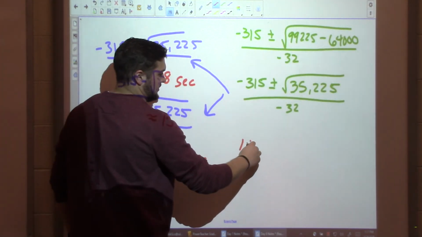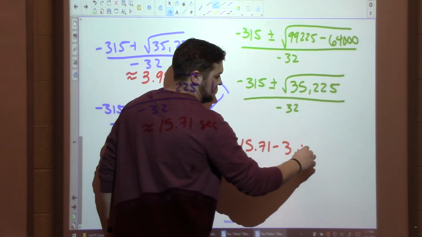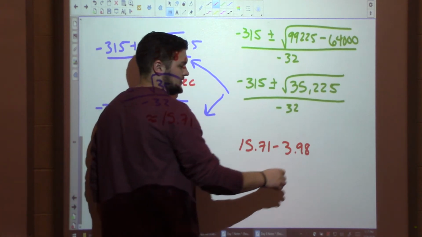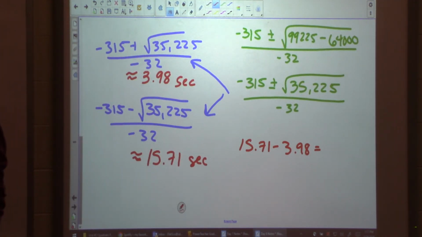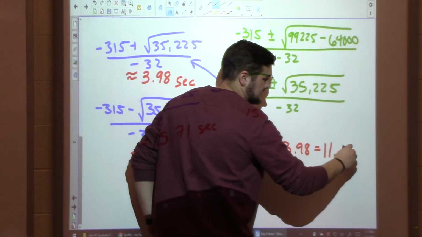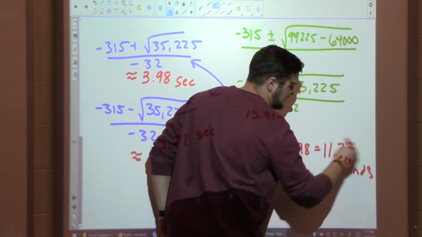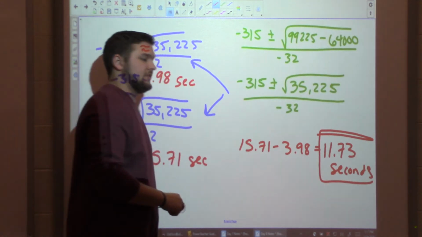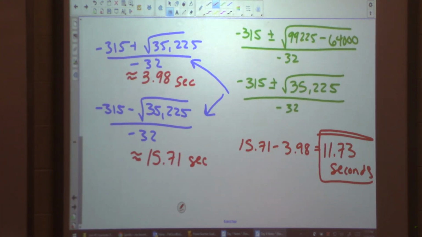So I get 15.71 minus 3.98. We get approximately 11.73 seconds. So the rocket was out of sight above the clouds for approximately 11.73 seconds.